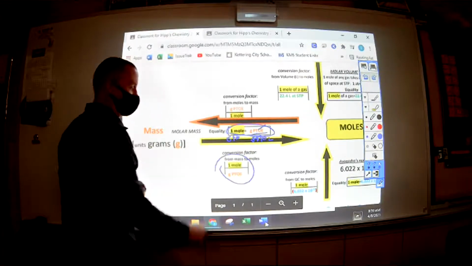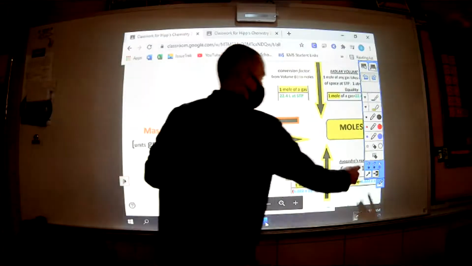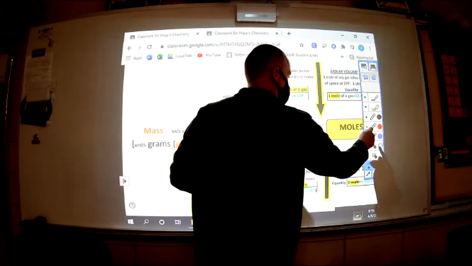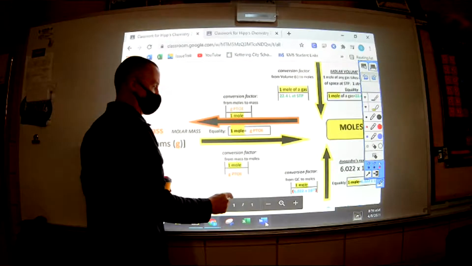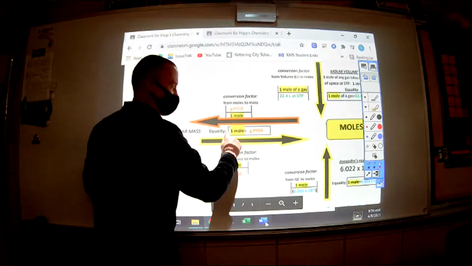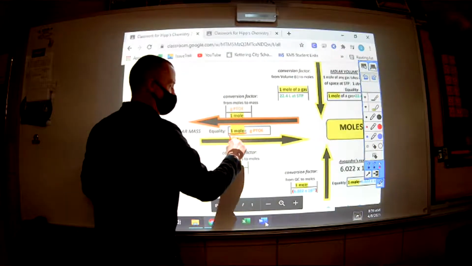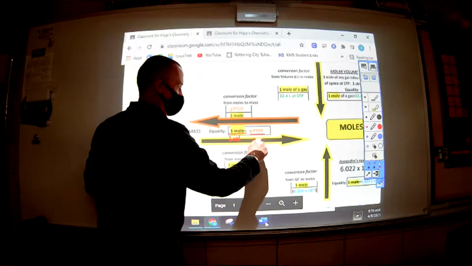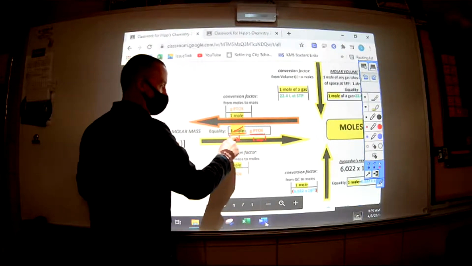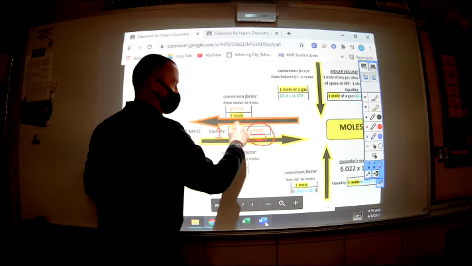That's this conversion. When you have an equality, remember, what you do to one side, you can do to both sides. Likewise, here's my equality. If I have 1 mole, I can divide both sides by 1 mole. 1 mole over 1 mole is 1. There's my second conversion factor.